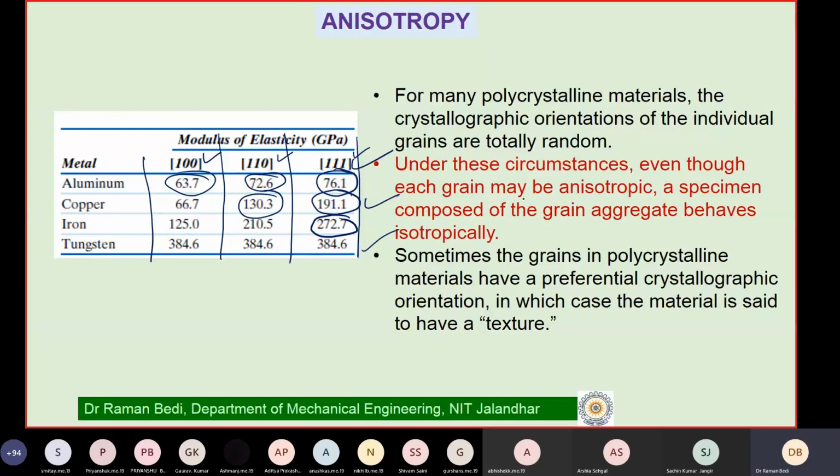So I already said that although single crystals can be anisotropic, aggregately, because of the random orientation, a polycrystalline material or a specimen of a polycrystalline material behaves isotropically. Okay, I will end my discussion here so that we can go to the quiz part after this.